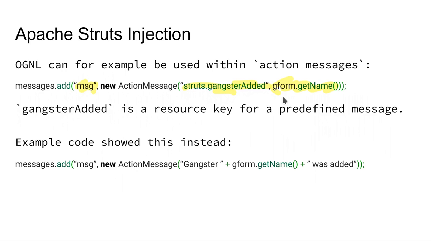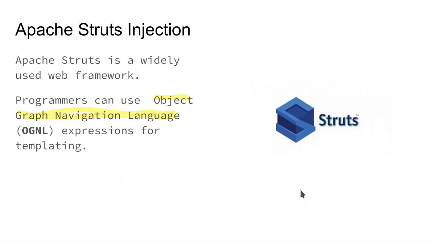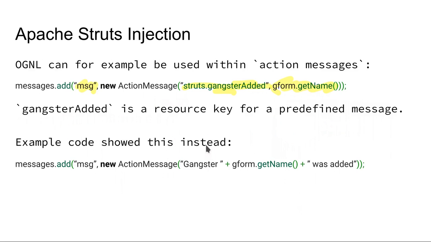But what you can do, and Gangster added here, is a resource key for a predefined message. What you can also do is just use an action message and supply a string directly, sort of like in template injection. And this leads to problems. This leads to code execution, just as we have seen here with the templates.